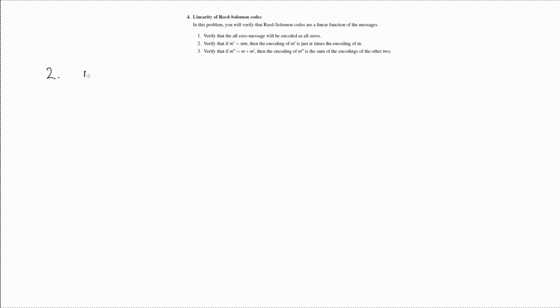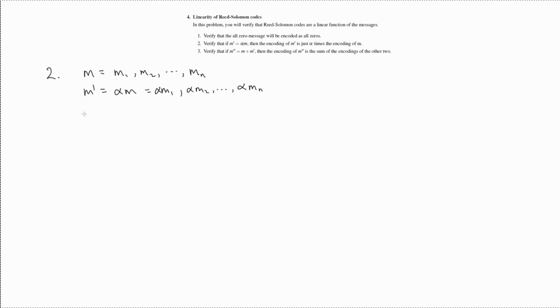Suppose we are given a message m of length n. And we are also given some constant alpha. Now let m prime be alpha times the message m. So m prime is equal to alpha times m1, alpha times m2, all the way up to alpha times mn.